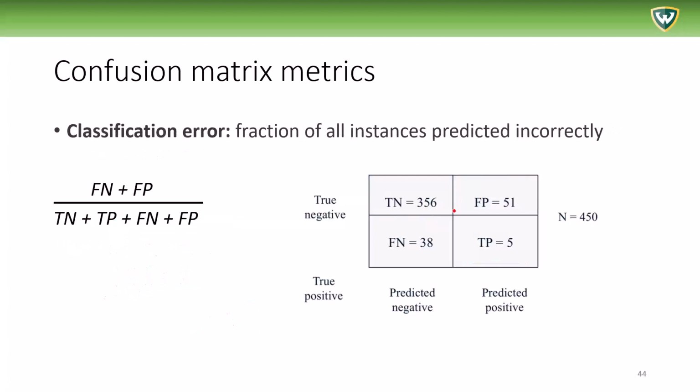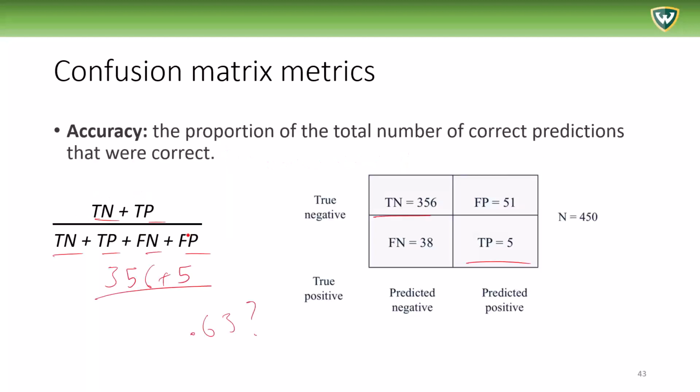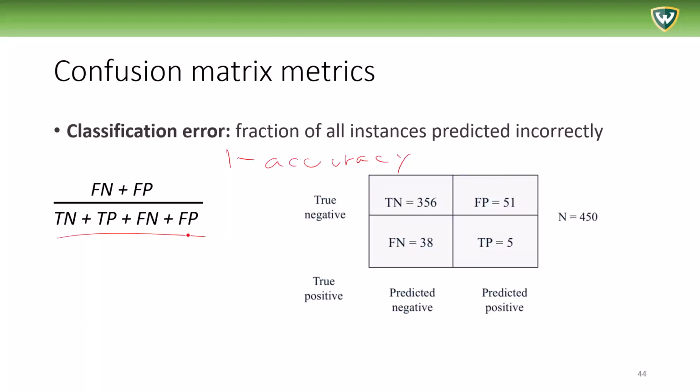Now, we have the classification error, which is just the opposite of the accuracy. It's 1 minus accuracy. So that's the fraction of all instances predicted incorrectly from the whole data. So they're related to each other directly.